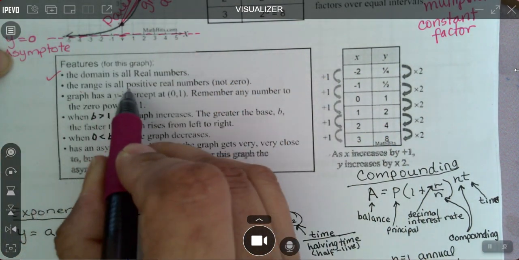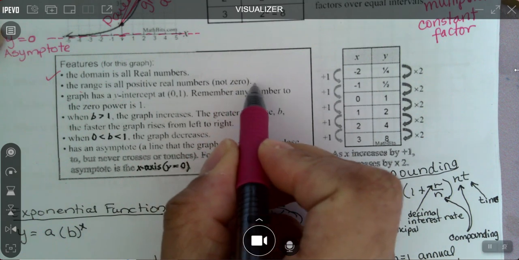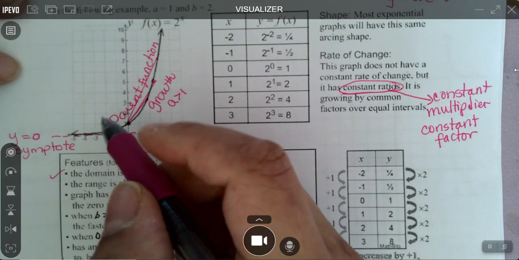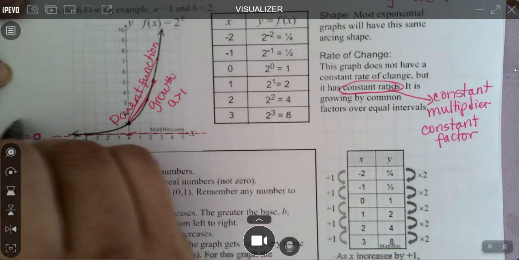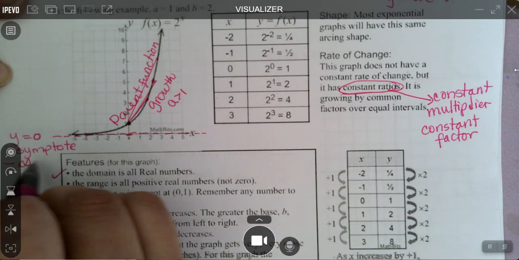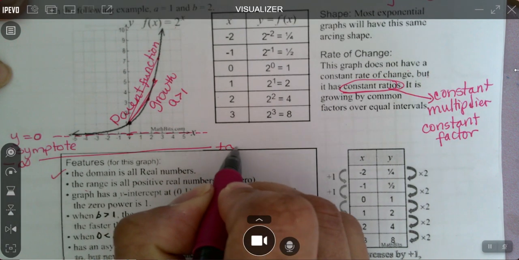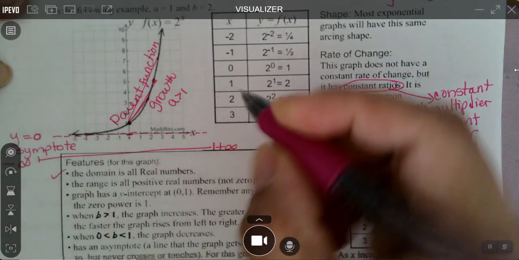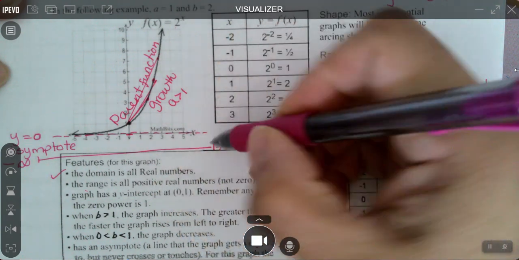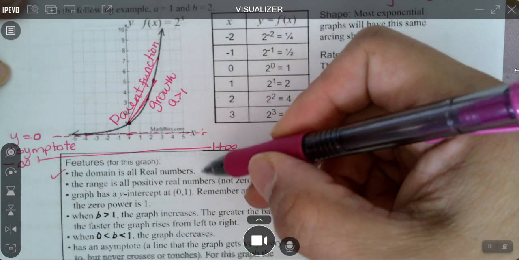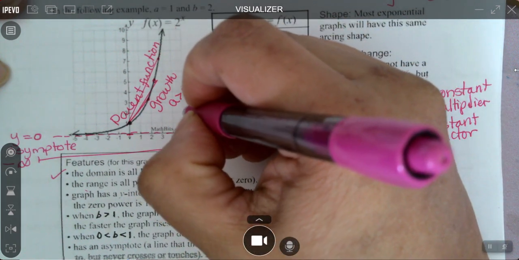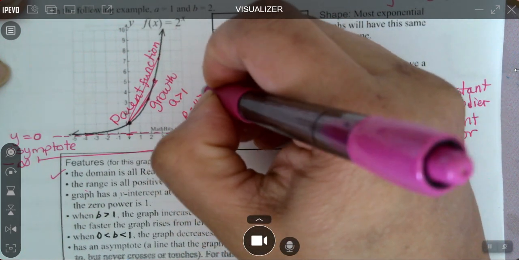The range is all positive real numbers, not 0, for this one in particular. The domain is all your x values, so that's why it goes from -infinity to +infinity. Clear? But the range, it cannot go below this line. So y cannot be less than 0. So that's why your range is going to be greater than 0.